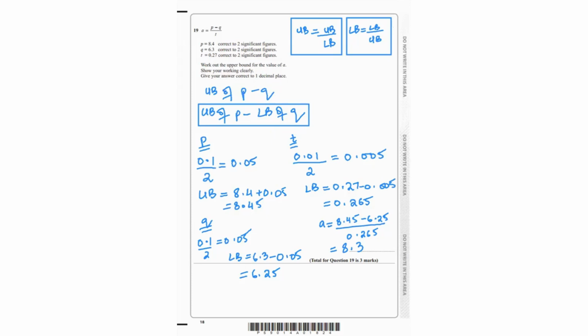So for upper bound and lower bound, you need to be familiar with the rules that we follow when we have addition, subtraction, division, multiplication. For multiplication, let me write that. So if you're trying to find the upper bound in multiplication, you multiply upper bound with upper bound. And if you want to find the lower bound in multiplication, you do lower bound times lower bound.